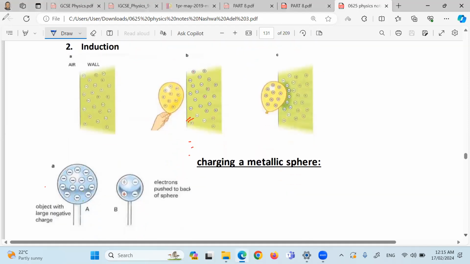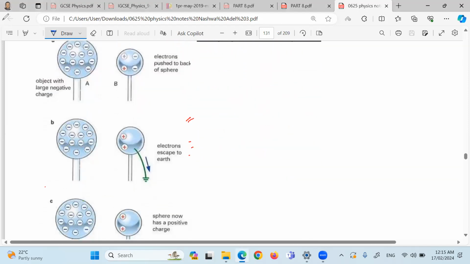This is very important. Charging a metallic sphere. At the beginning, this is the metallic sphere. It's neutral, so positive and negative charges are distributed randomly, everywhere. The overall charge is zero. What happens when you bring a negatively charged object close to the neutral object?